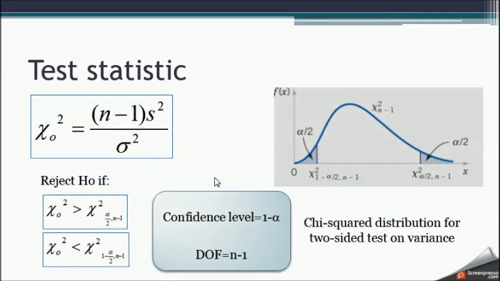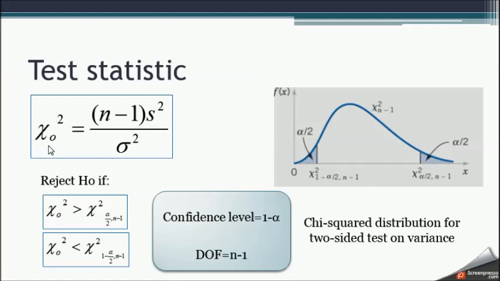So the same methodology, we are going to use the test statistic to test our hypothesis. Now the test statistic is called chi-square. So we are going to use the chi-naught square as a test statistic.